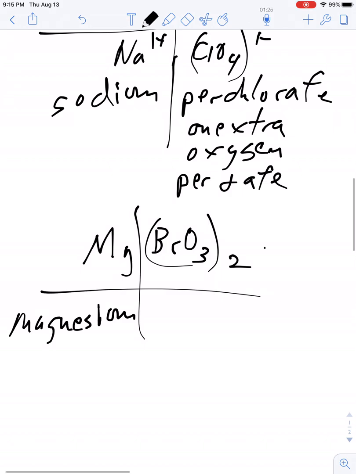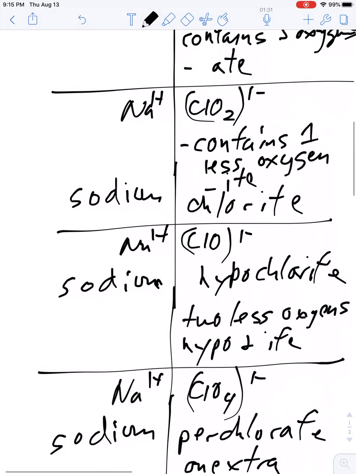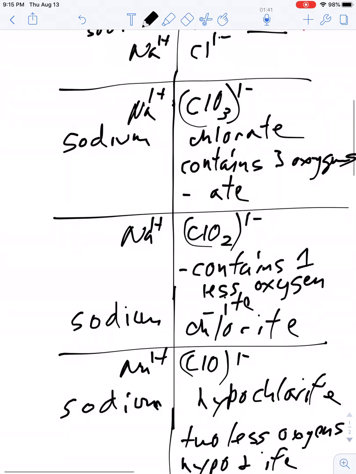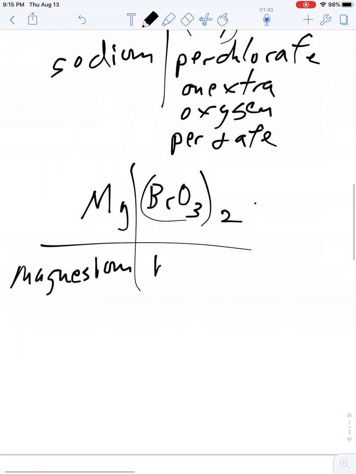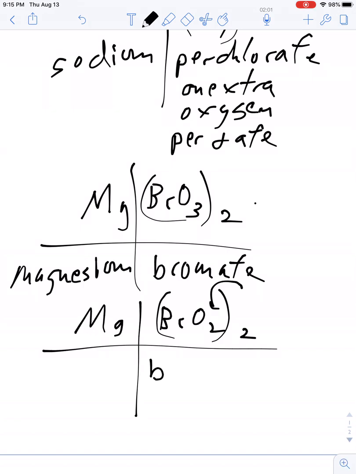If it's got 3 oxygens, you change the ending to ate. So it would be magnesium bromate. What if it was this? Again, you're always looking at the number on the inside of the parentheses. One less would be bromite.